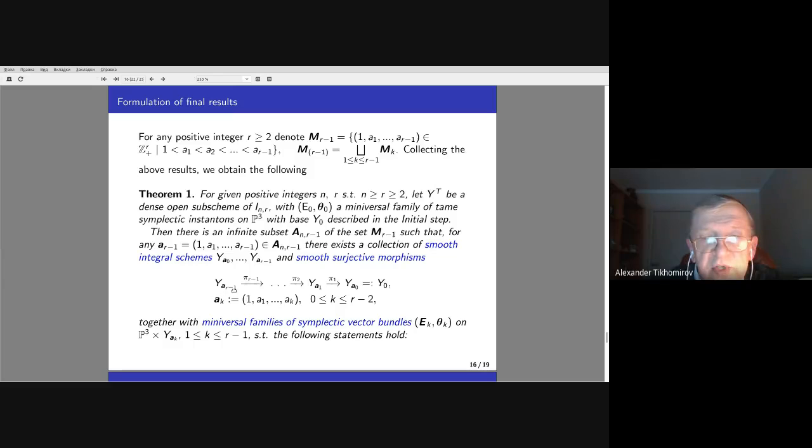So this is a tower of smooth morphisms, of smooth schemes, where Y0 is just Y_T. And the A_k's are the subcollections of the collection bold A r minus 1, together with the universal families of symplectic bundles on P3 times Y_A_k, such that the following statements hold.